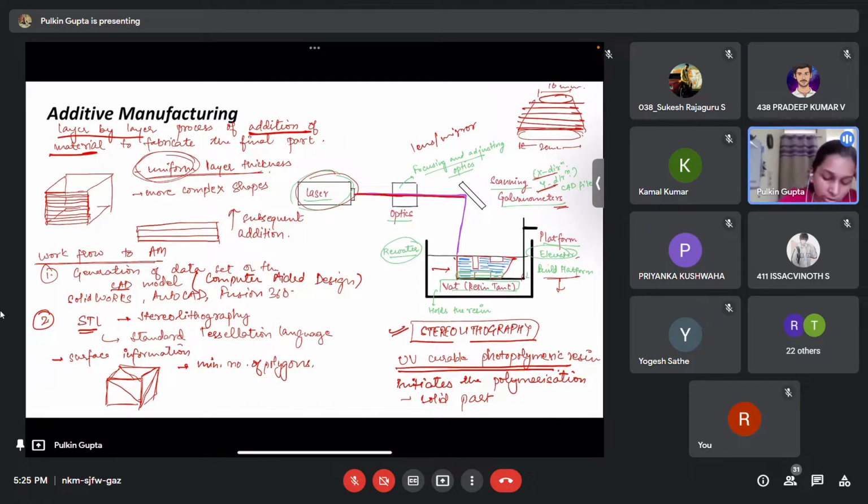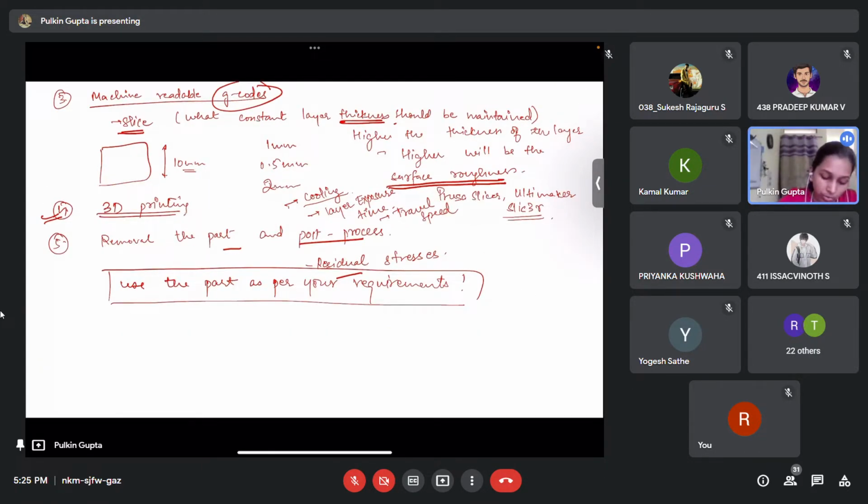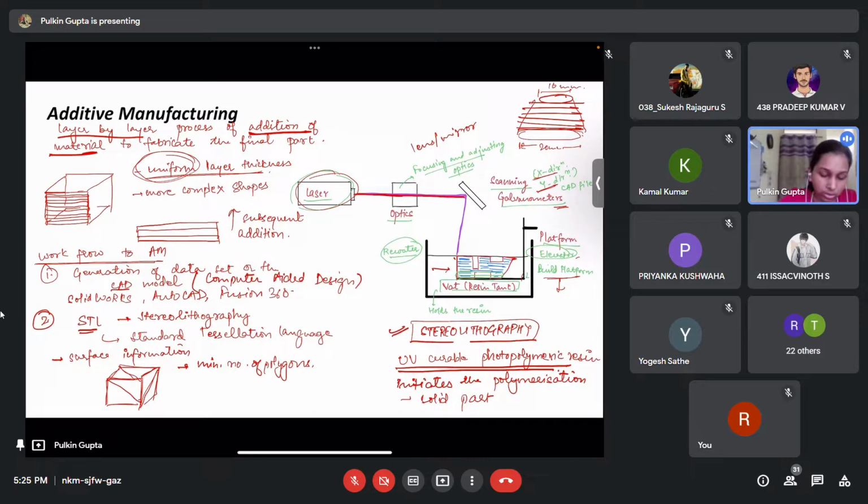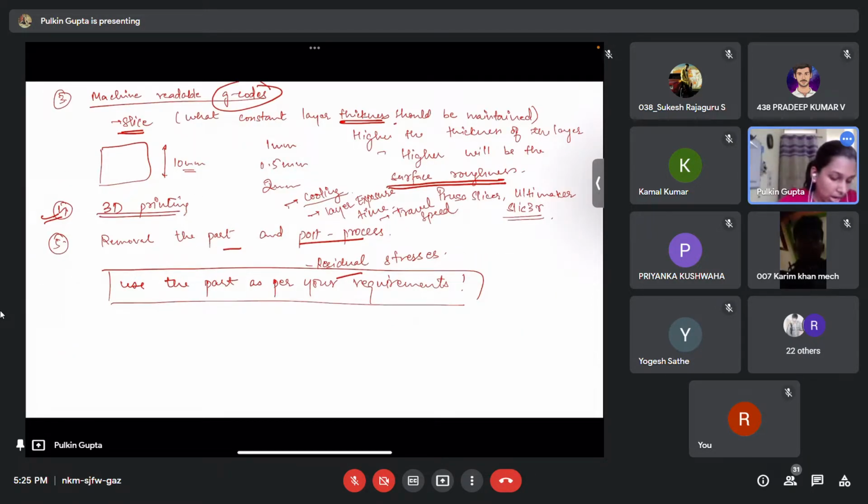Then we have the galvanometers and mirrors that control where the beam needs to project on the resin. And then we have a platform and an elevator system which ensures that the platform is lowered with every layer solidifying. So this way we have our 3D printed parts.